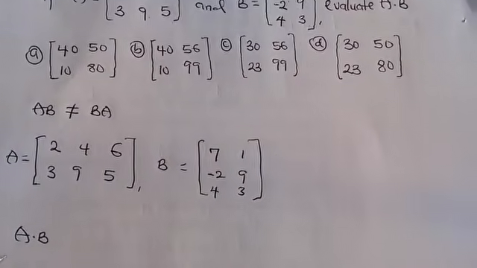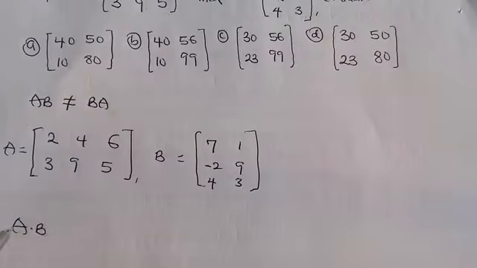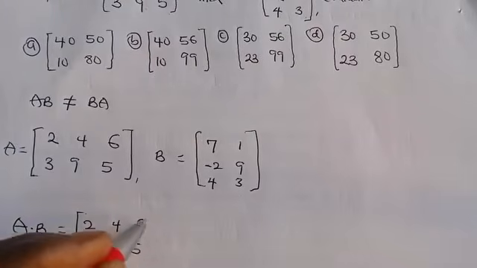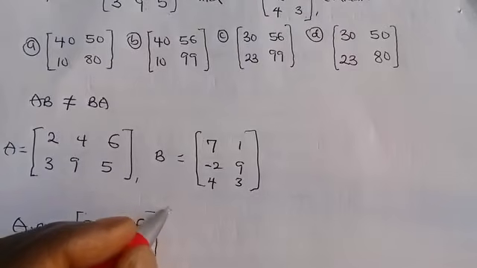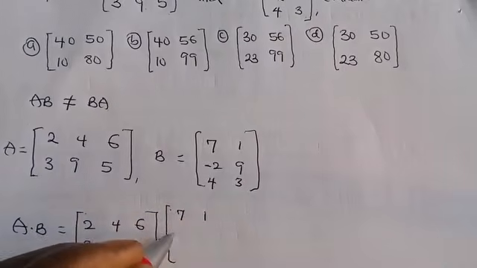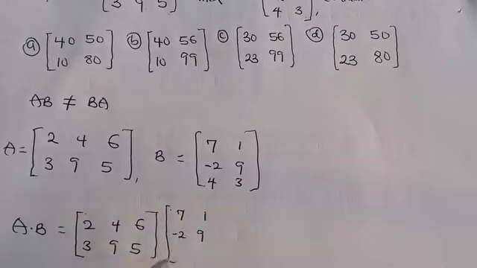AB will be equal to, we have this 2 by 3 matrix, 2, 4, 6, 3, 9, 5, multiplying 7, 1, minus 2, 9, and then 4, 3.